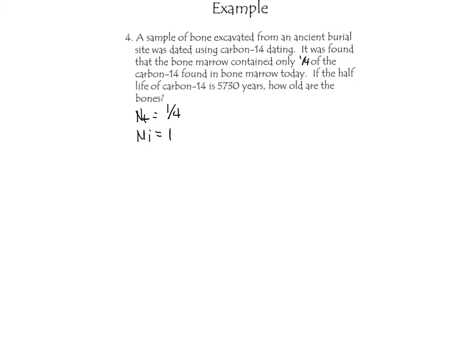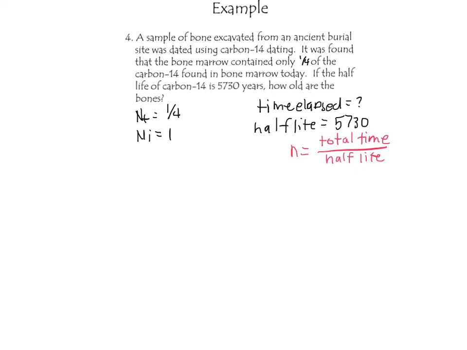It's also giving us a half-life, and we have to find how old it is, or the time elapsed. If you recall, n is still equal to the total time over the half-life.